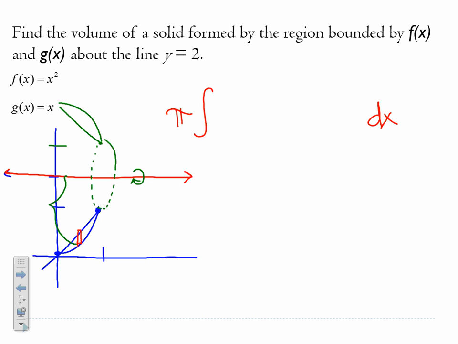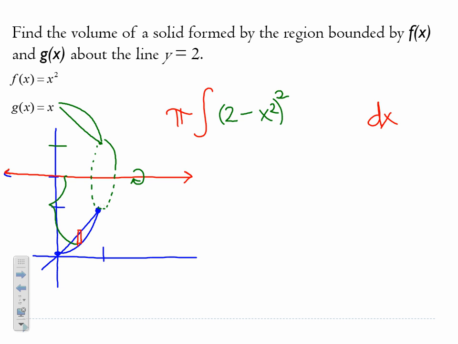What is the distance from this line to this curve? How do we find that? Top minus bottom. The height of that radius is the top, which is our line, minus our bottom, which is our x squared. That's the distance right there.